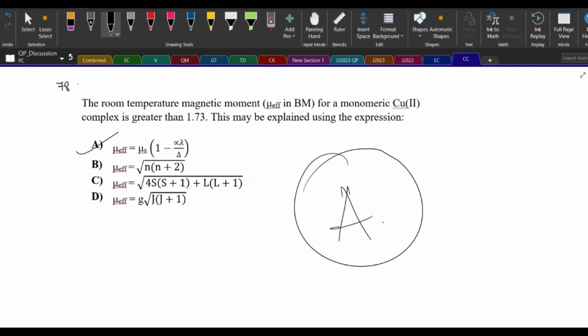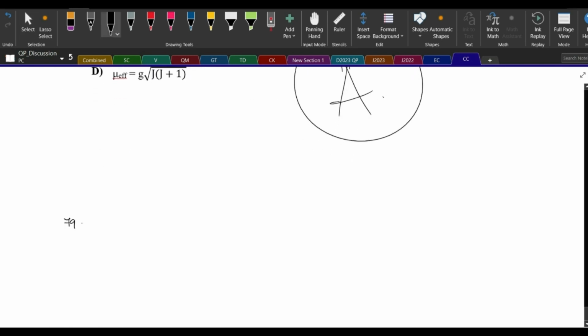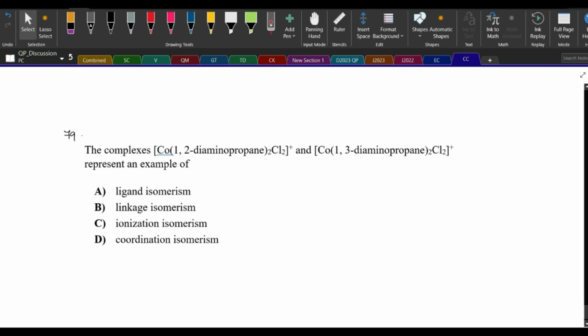All right. Next question. Isomerism just ഒന്ന് തുടങ്ങി വയ്ക്കാം. The complex is 1,2-diaminopropane and 1,3-diaminopropane. So what is the difference? So what is propane? Propane is you have 3. ഒരാൾക്ക് ഇവിടെ you have groups. Okay.